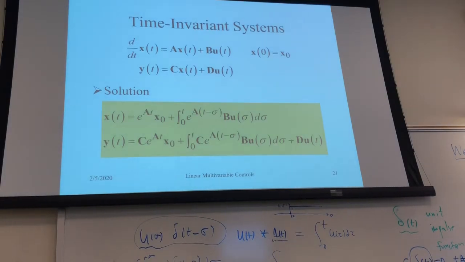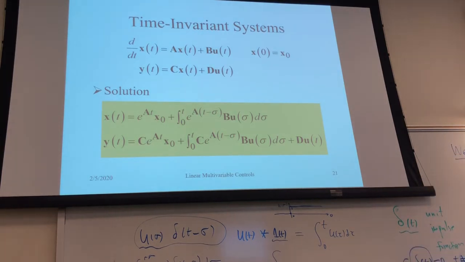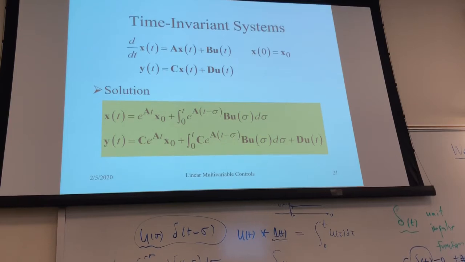By doing that, the difference is t minus tau. It's not t comma tau anymore. The state transition matrix is the matrix exponential function. So we're going to focus on that.